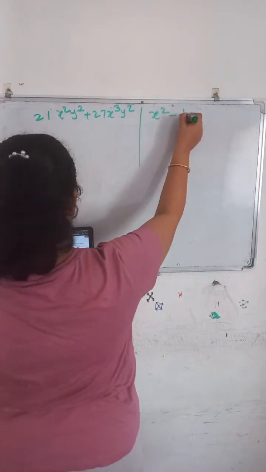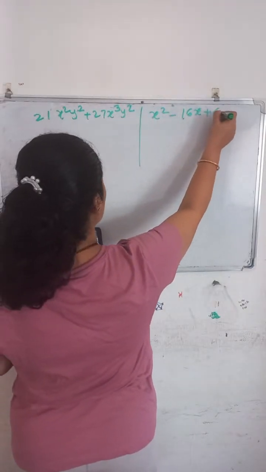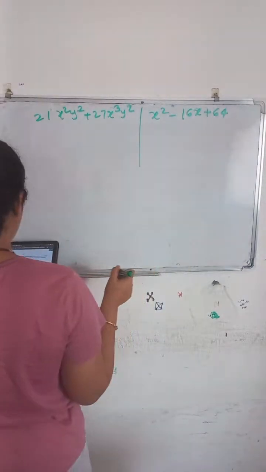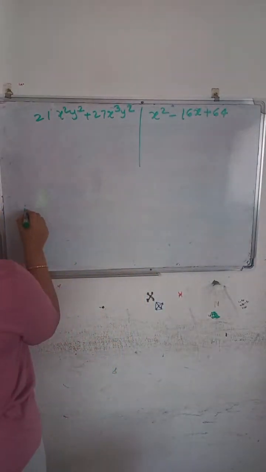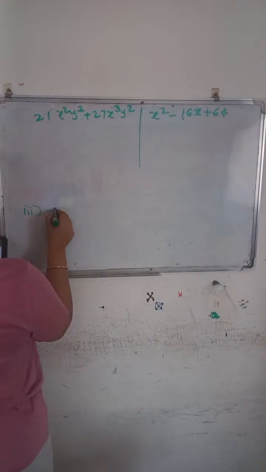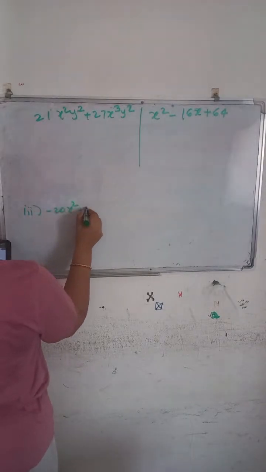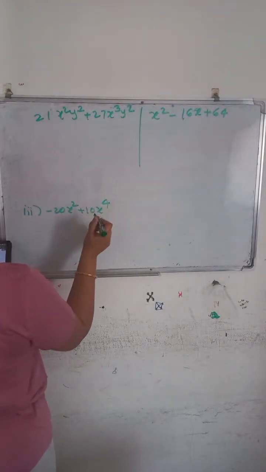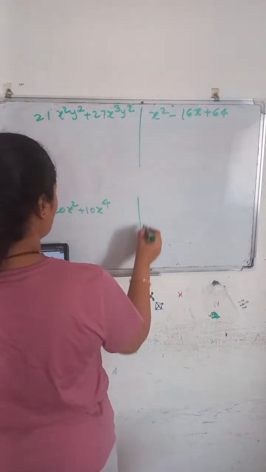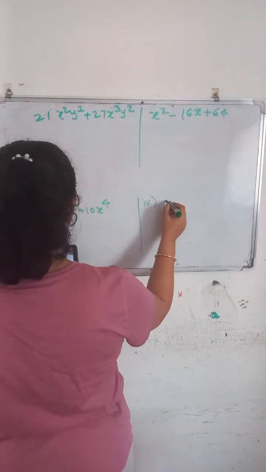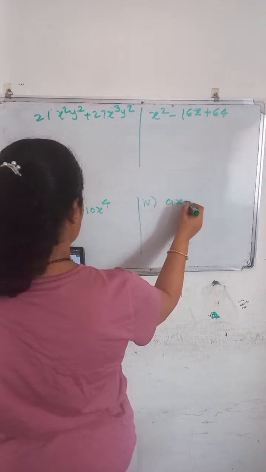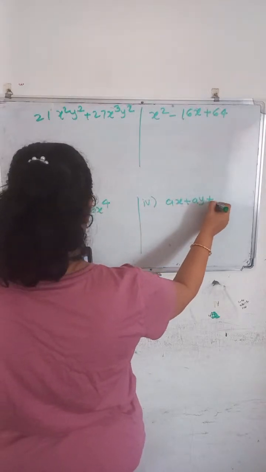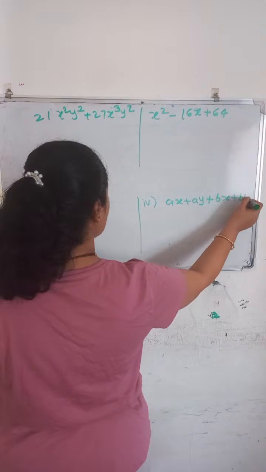Second question is x square minus 16x plus 64. Then the third one is minus 20x square plus 10x raised to 4. And another question, question 4, is ax plus ay plus bx plus by.